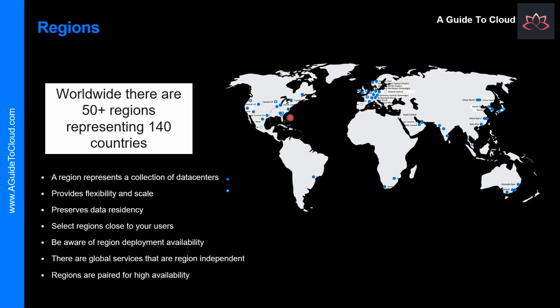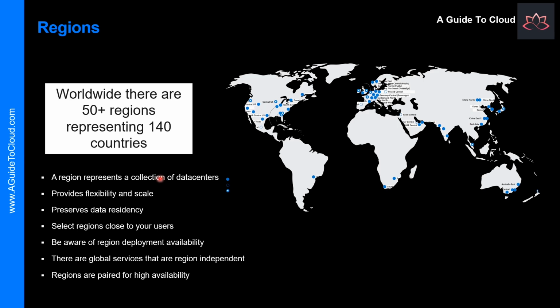A few examples of regions are West US, Canada Central, West Europe, Australia East, Japan West, etc. Azure is generally available in 50 plus regions and available in 140 countries.